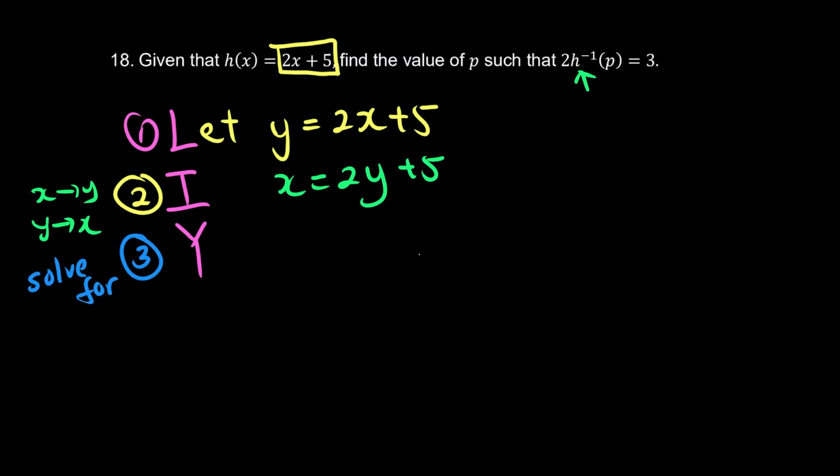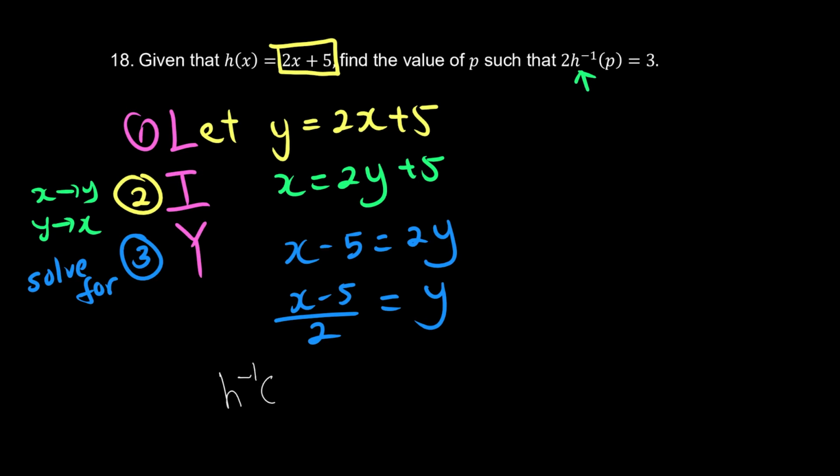So how do we solve for y? x equals 2y plus 5, right? So 5 goes to the left hand side and becomes minus. x minus 5 is equal to 2y. When it is multiplied together, when it goes over it becomes divide. So this is how you get the inverse function. Let me write it down one more time. The inverse function will be equal to x minus 5 over 2.